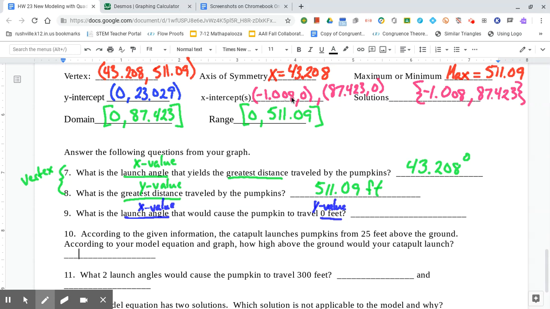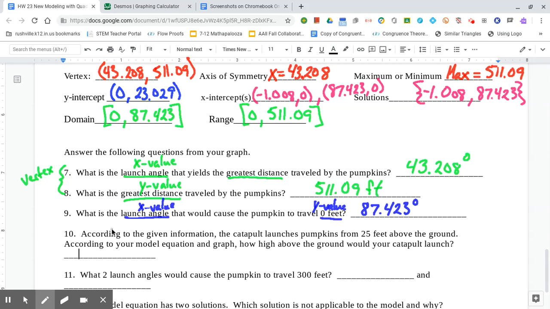And if you think back, these are angles of release. We are not going to release a pumpkin from a negative angle. It doesn't make sense for us. We're not working with negative angles here. And so even though I have 2 different points that have a y value of 0, when we put it into the context of flinging pumpkins in the air, there's only one of these angles that actually makes sense. And so we're going to stay with this 87.423, and we are going to ignore the negative 1.008. A negative angle will not make sense in this scenario, so we won't use it.